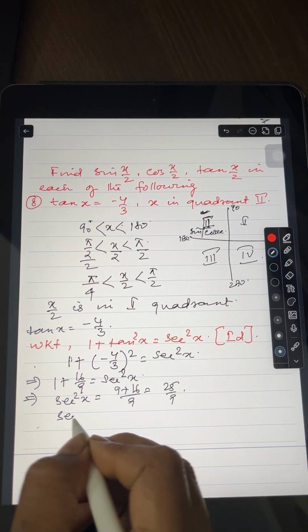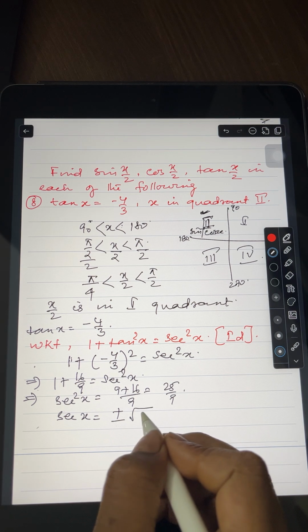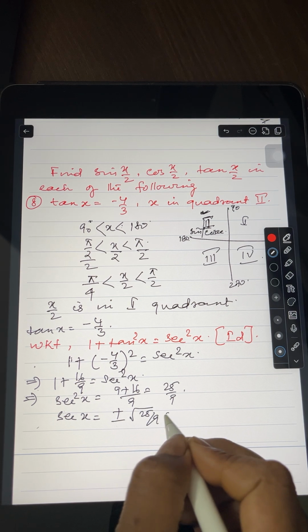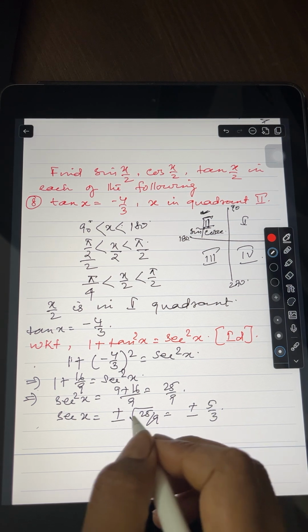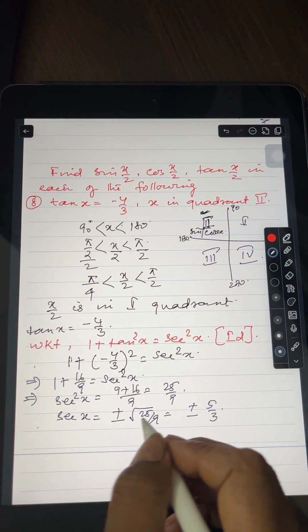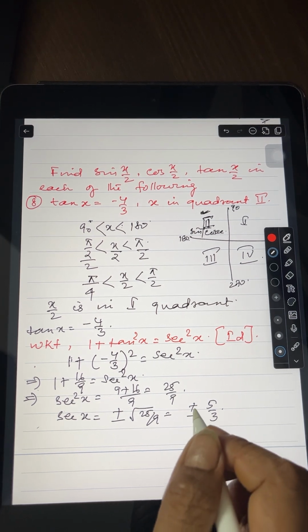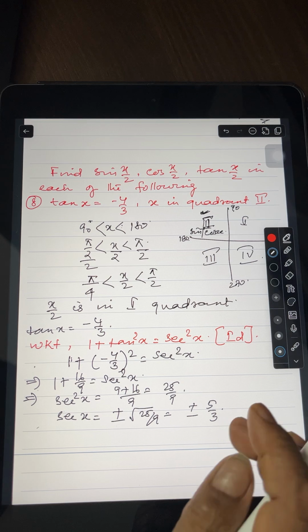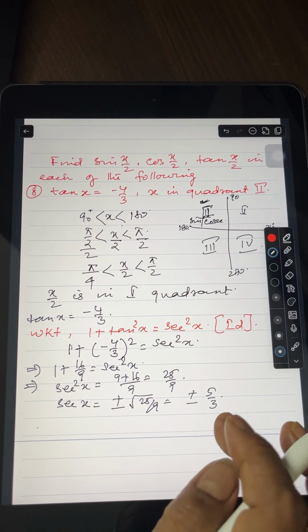So what will secant x be? Plus or minus root of 25 by 9, which is plus or minus 5 by 3. Because root of 25 by 9 is 5 by 3. It is plus or minus. So two values can't be, no? One ratio can't have two values.